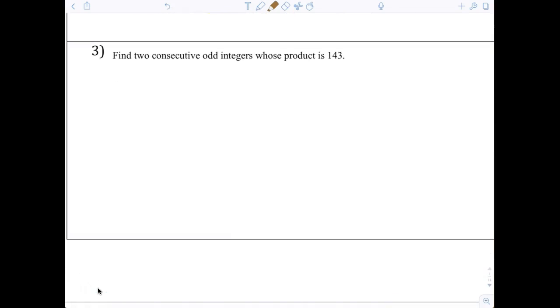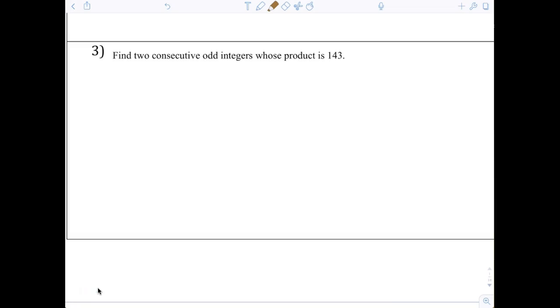Okay, now, somebody tell me for number 3, give me an example of 2 consecutive odds. 3 and 5, good. Does 3 times 5 equal 143? So is that the answer? No. So you're trying to find consecutive odds, right? So how do I get from 3 to 5?